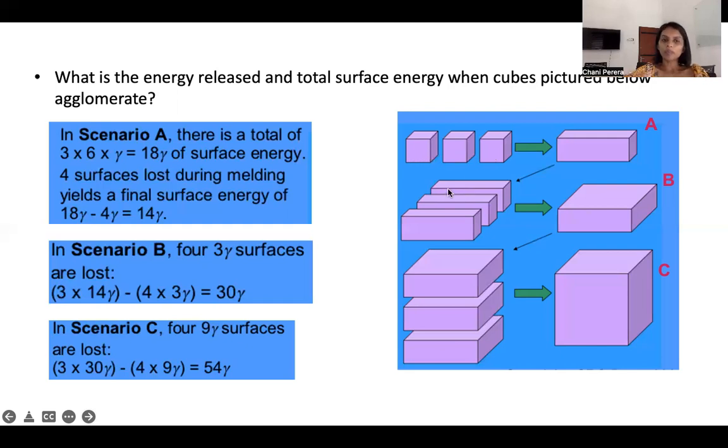So by molding, what happens? We're going to lose one 3 gamma surface, another 3 gamma surface, here another 3 gamma surface, and another 3 gamma surface on this block.